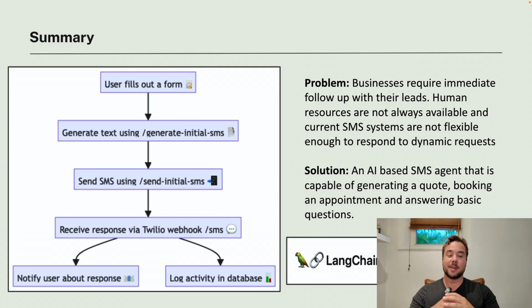And a lot of the SMS solutions available today, I think definitely Twilio does have some out-of-the-box solutions as well, are just not dynamic enough for specific use cases. So the solution here is to build this AI-based SMS agent that's able to generate a quote. It's able to answer basic questions and book an appointment for the user and the business to set up for a later date.